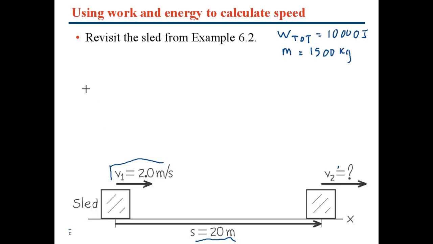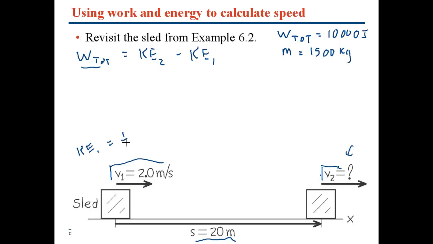I'm interested in solving for this velocity right here. I can use the work-energy theorem and say that the total work done is equal to the kinetic energy at point 2, that's this one over here, minus the kinetic energy at point 1. And I know what this one is. I can solve for the kinetic energy at point 1.